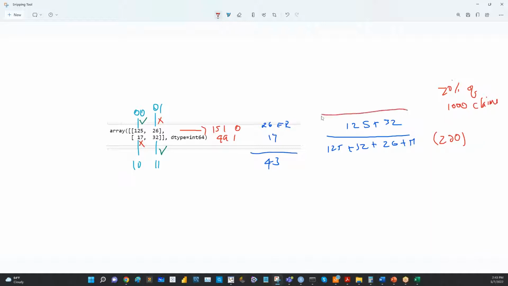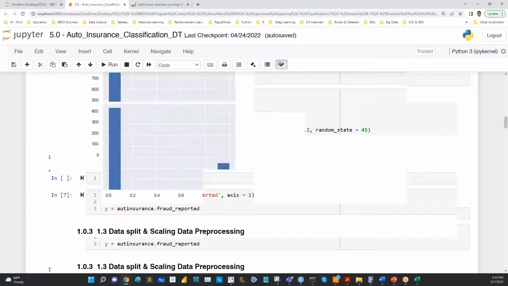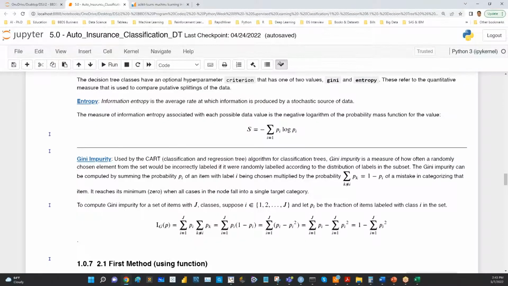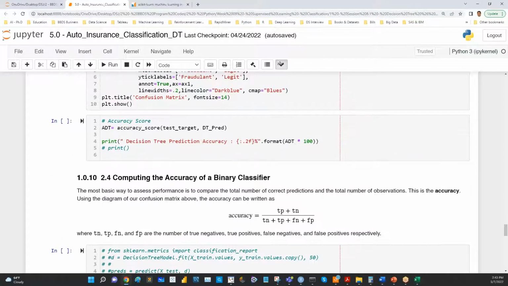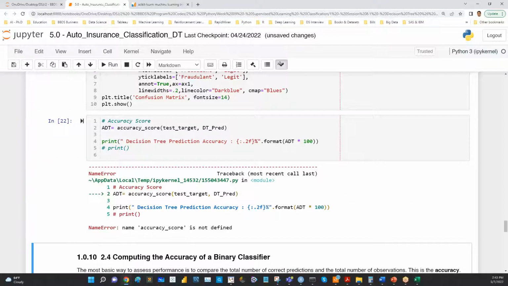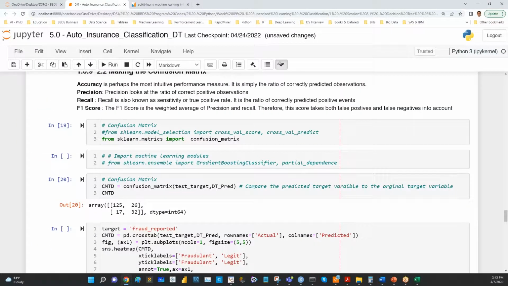Okay, so this is the accuracy. If you did the math, I would probably say it's around 76 or 77. Let's take a look. Now we are going to do the accuracy.